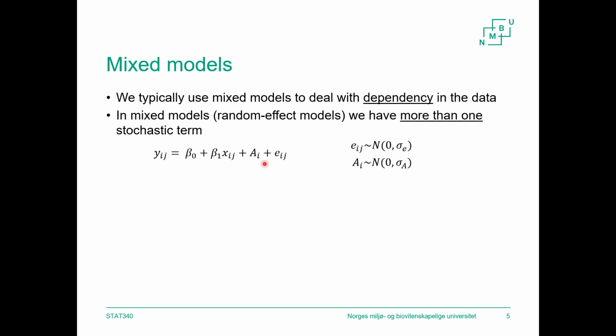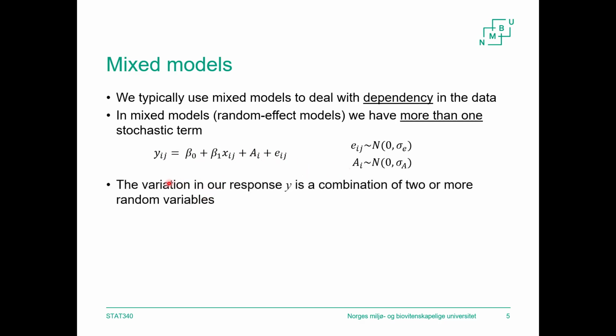But we also have another term here, which is also normally distributed with expectation 0 and some other, different standard deviation. So instead of having one error term, we now have two. What is to be gained by this? We will see. And notice that this part is just a simple regression model, it's not affected by this.